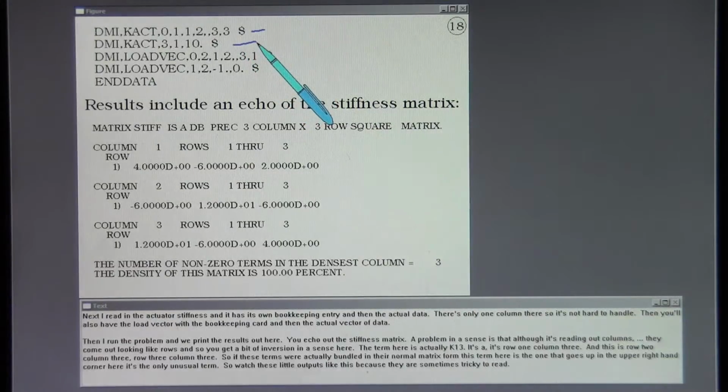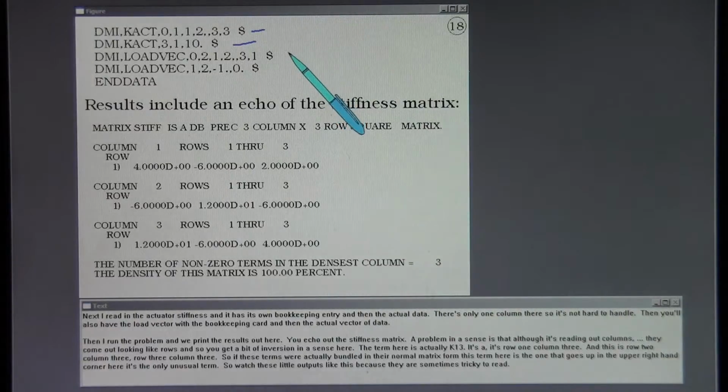There's only one column there, so it's not hard to handle. Then you also have the load vector with the bookkeeping card, and then the actual vector of data. Then I run the problem, and we print the results out here.